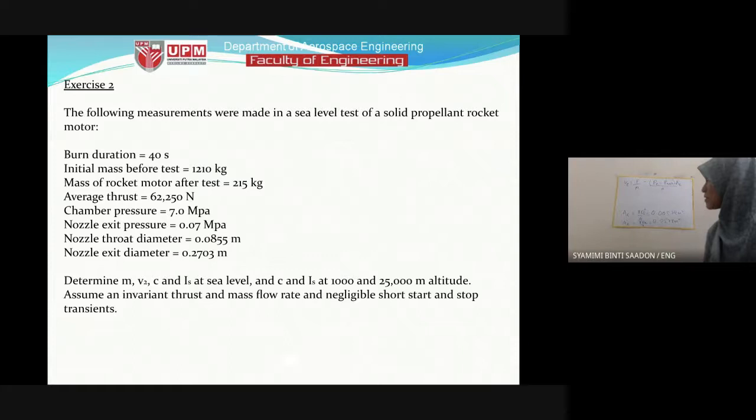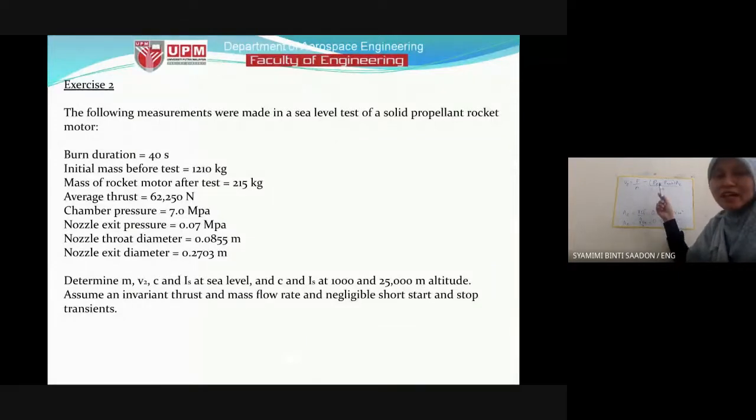Normally we have this mass flow rate on the left hand side, but since we want to calculate only the velocity, we divide the thrust force and the pressure force by the mass flow rate. Force is 62,000, and this one is 24.9 calculated earlier.